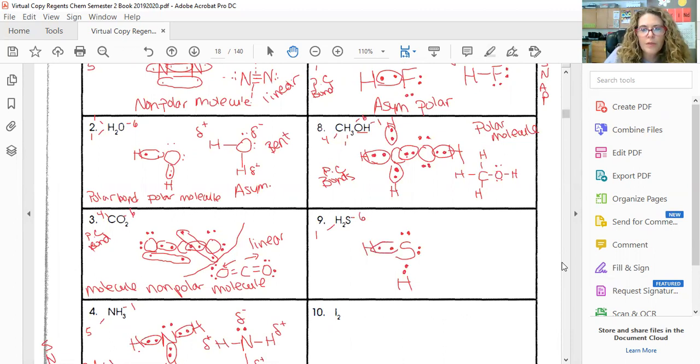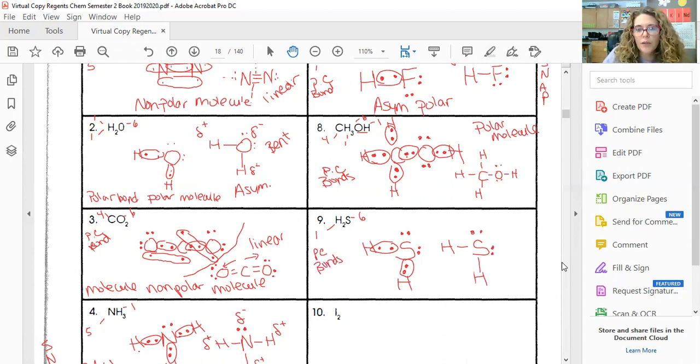And so I will circle this one. I will circle this one. And so now I have my sulfur, and I made a bond to the hydrogen, and a bond to the hydrogen, and then I have my 2 over here. So here again, polar covalent bonds.